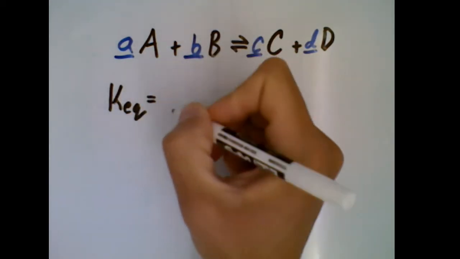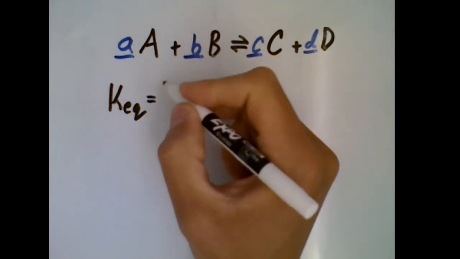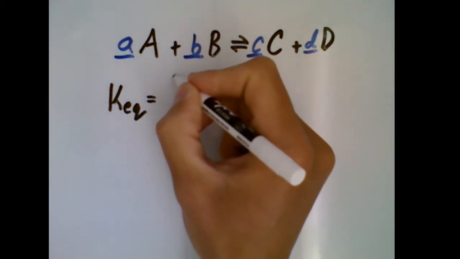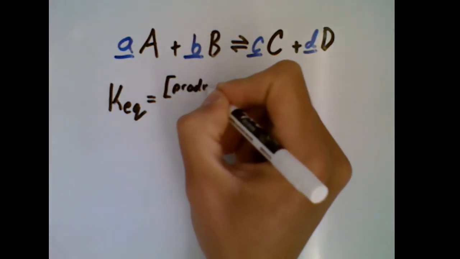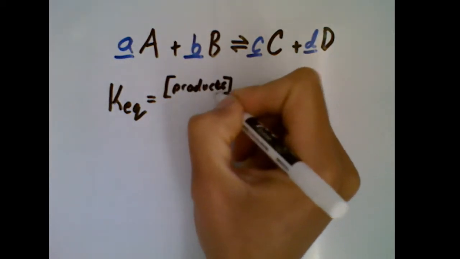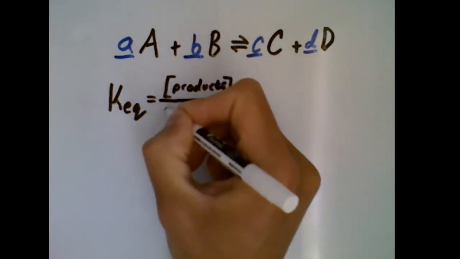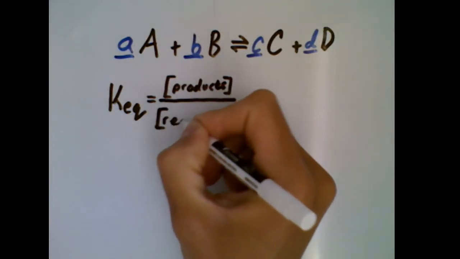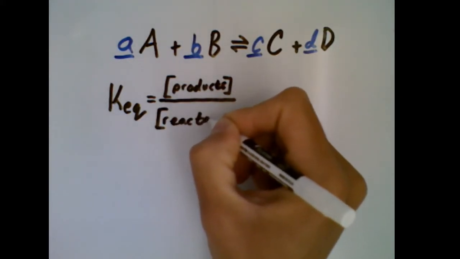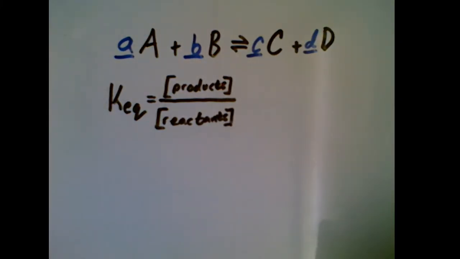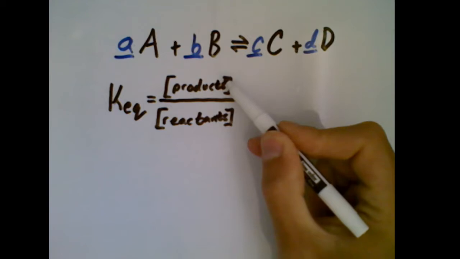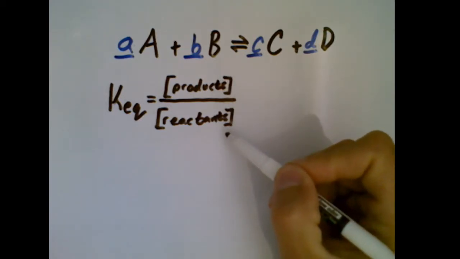When we set up an equilibrium constant, or a KEQ, we always do it by taking the concentration of the products and then dividing those by the concentration of reactants. No matter what the chemical equation, no matter what the equilibrium system, we always take products divided by reactants.